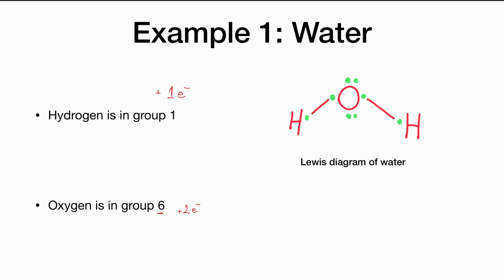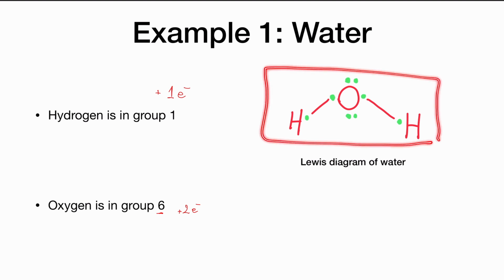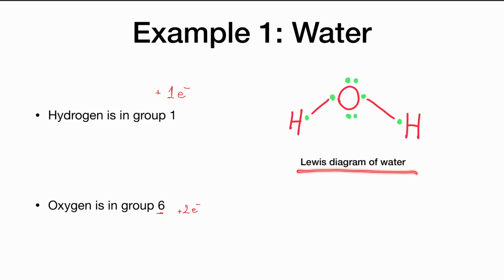By the way, this kind of representation is called a Lewis diagram or a Lewis structure. It's very helpful when you want to signify the most important aspects of bonding. It highlights the electrons that take part in bonding.